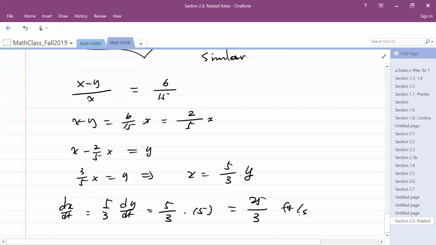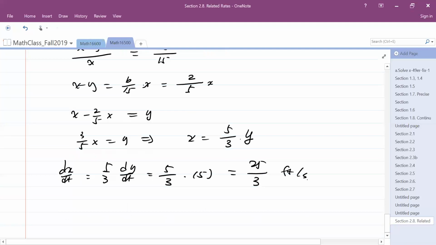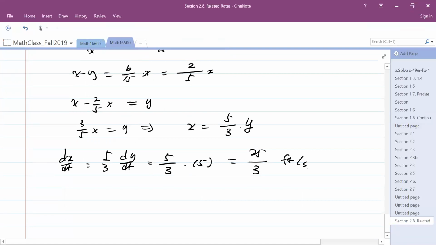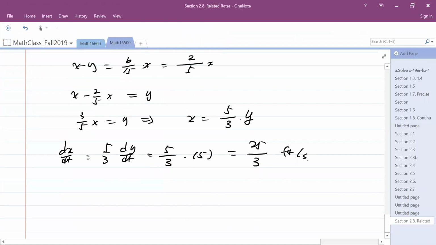I did not know that until we finished the computation. This is the power of mathematics. You have to compute under some assumptions. This problem tells you 40 feet away, but that condition is extra. You don't need it.